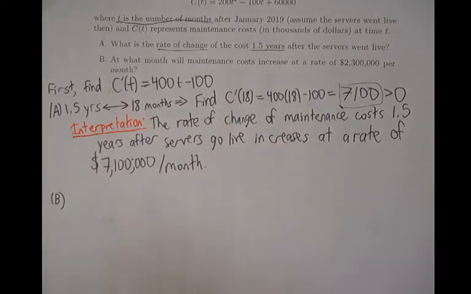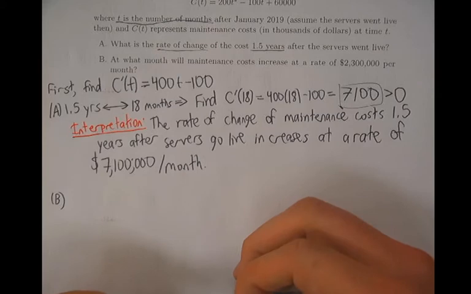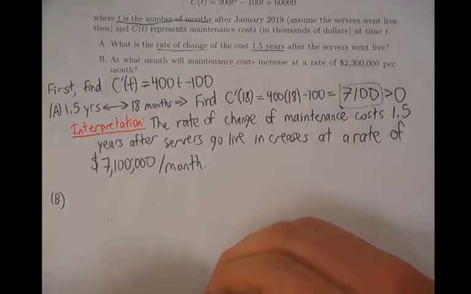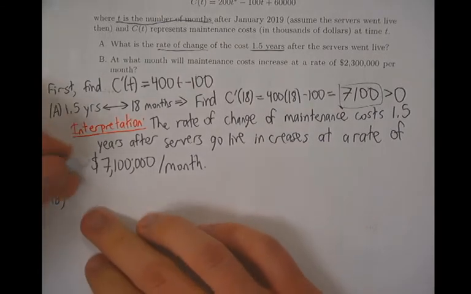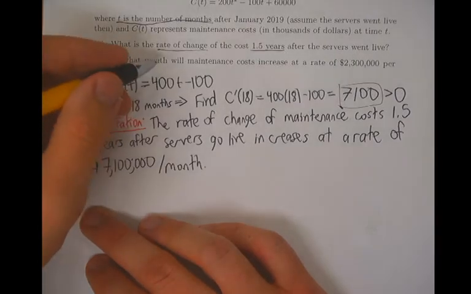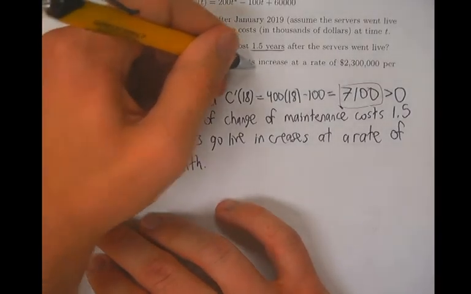So for part B, we need to figure out at what month will maintenance costs increase at a rate of $2,300,000 per month. So what do we need to do with our derivative? Okay. So that says, when will maintenance costs increase?